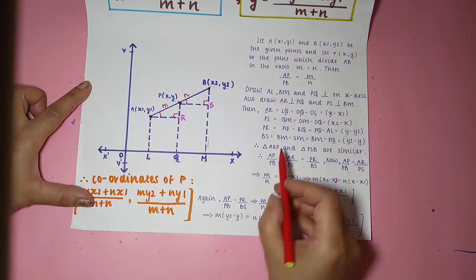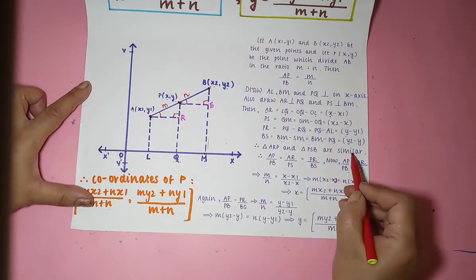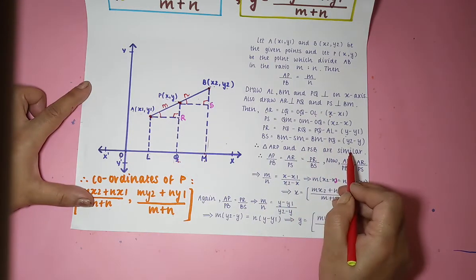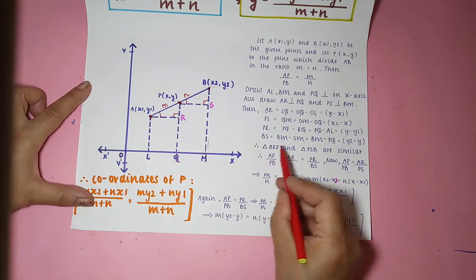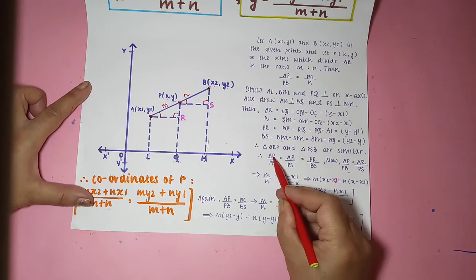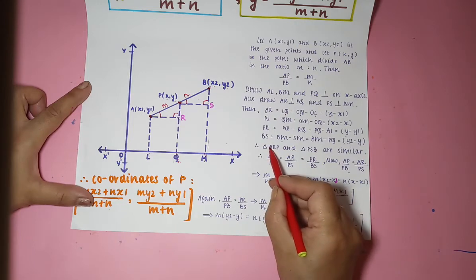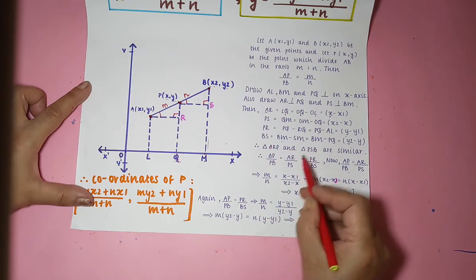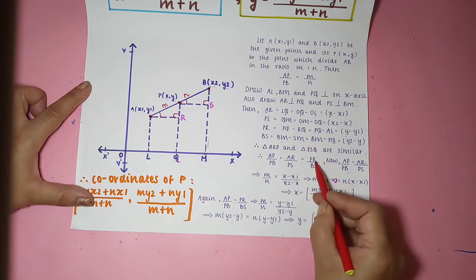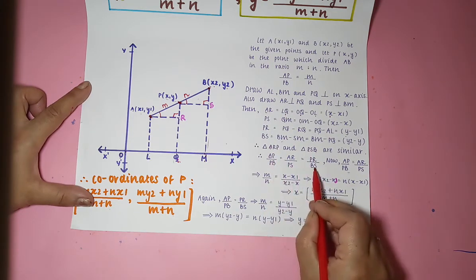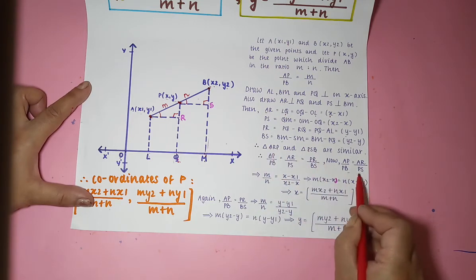So if these two triangles are similar, their corresponding sides will be proportional. So can I say that AP upon PB is equal to AR upon PS, right, is equal to PR upon SB. So I have set the proportionality between these two similar triangles.